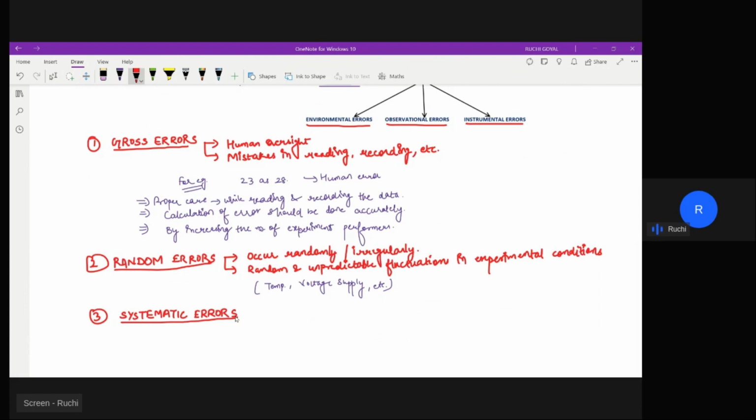They can be due to human oversight, mistakes in the reading, or mistakes in the recording. A systematic error is an error which, in the course of a number of measurements carried out under the same conditions, either remains constant in absolute value and sign, or varies according to a definite law, because values are changing. So how do we define systematic errors?